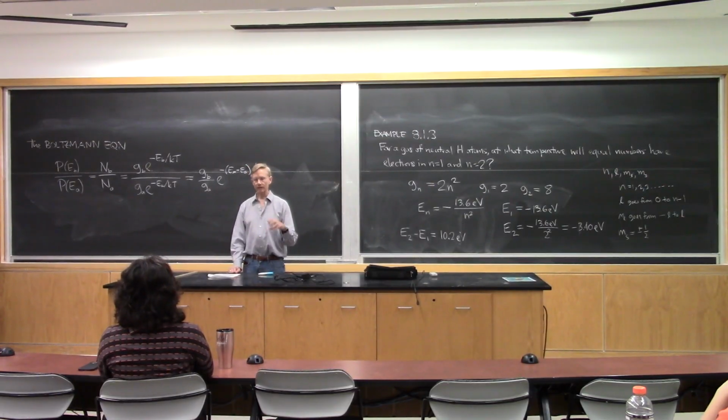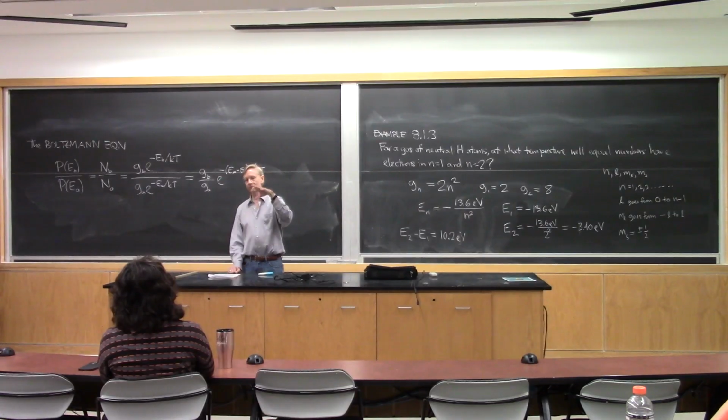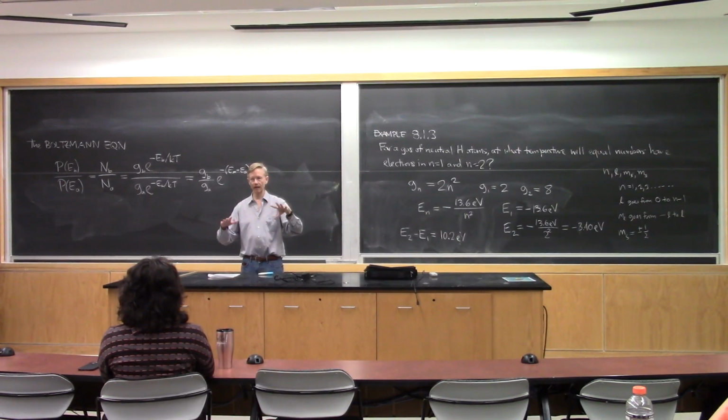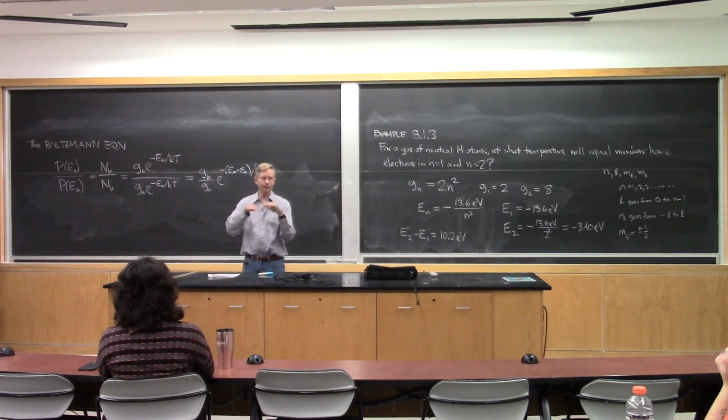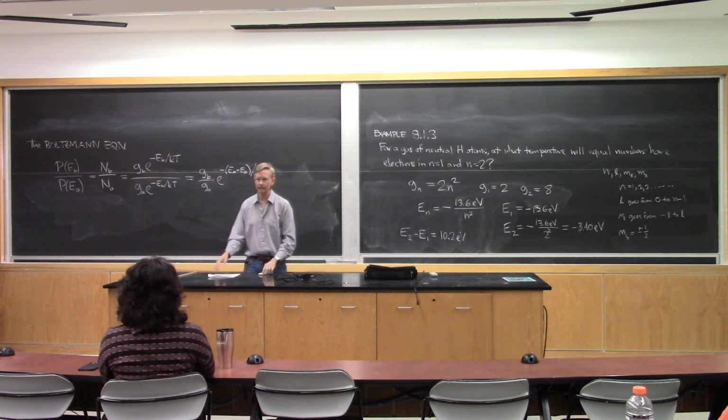And overall, the number of atoms entering n equals 2 and the number of atoms leaving n equals 2 are equal to one another at all times, to within statistical fluctuations. So in equilibrium, the populations stay constant with time, to within thermal fluctuations. It's not razor perfect constant, but to within tiny statistical fluctuations, they stay constant.